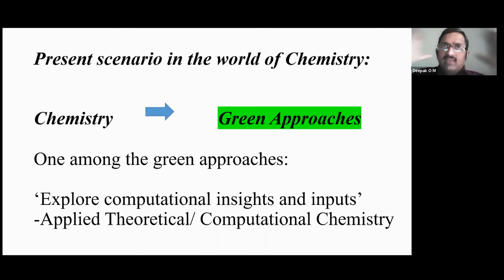So every chemical process in general can have a design phase where we utilize computational chemistry techniques. That makes the entire process a bit more green, because unwanted things, steps and processes can be eliminated at that point itself with the knowledge that you gain out of computations on these chemical processes. So in this way also this particular subject is relevant.